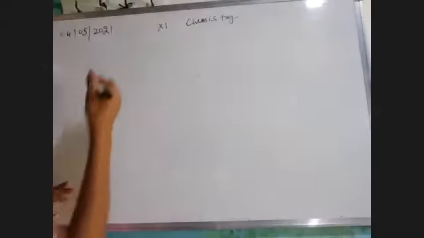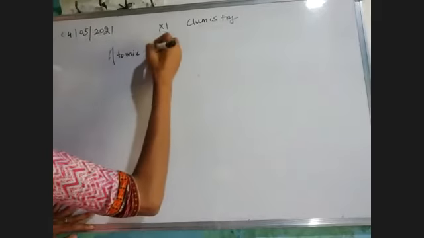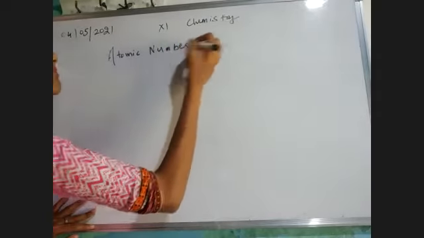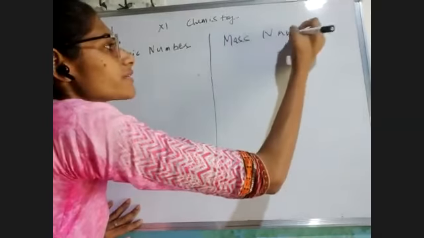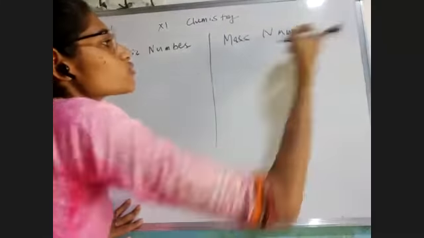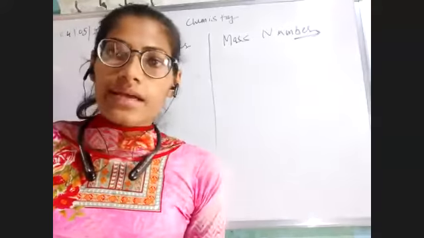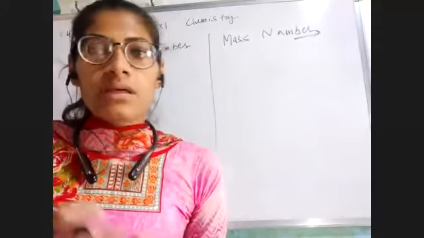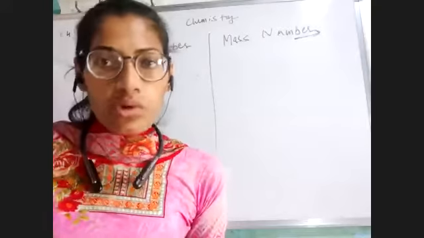So our next topic is atomic number, mass number, and after that we will study what are isotopes and isobars. Okay, atomic number is quite simple. It is defined as the number of protons in an atom, or we can say the number of electrons in a neutral atom.